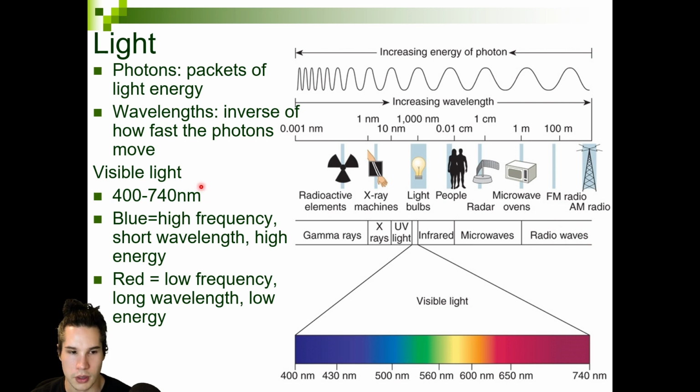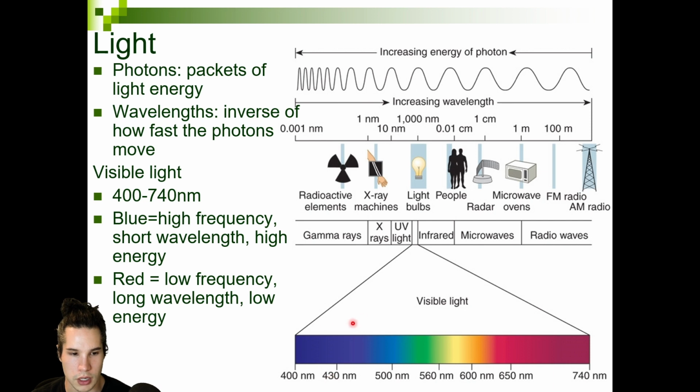Now, all of the wavelengths of light that we can see range from about 400 to 740 nanometers. So this little sliver right here is what we could actually see. Anything outside of that, we can't see with our eyes. So it's generally considered that blue is high frequency.